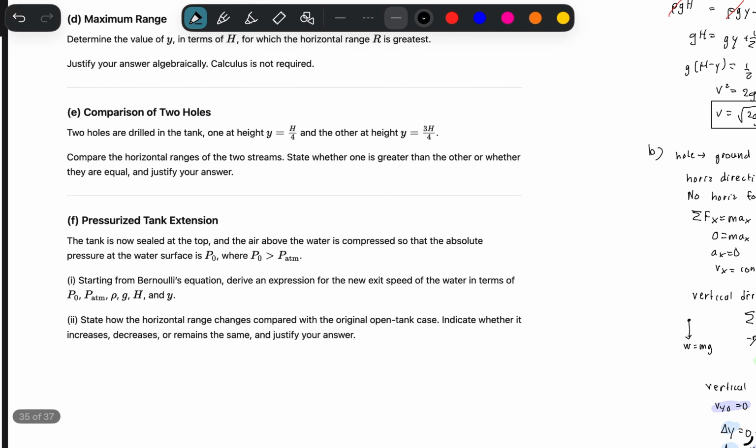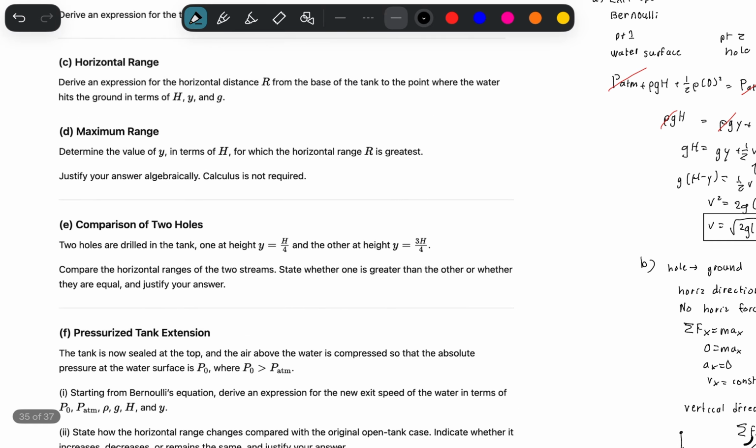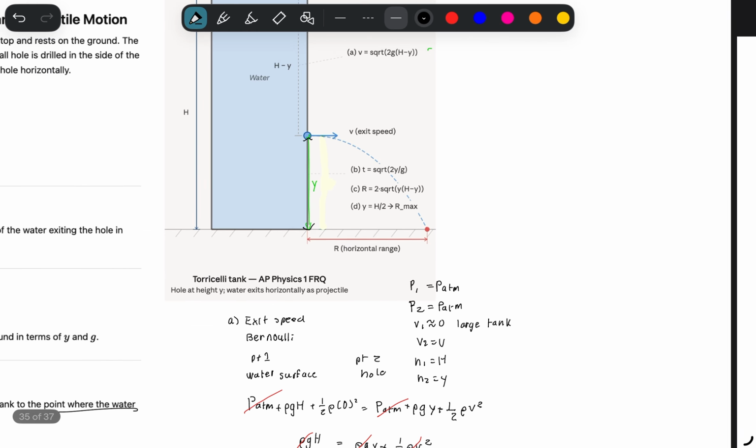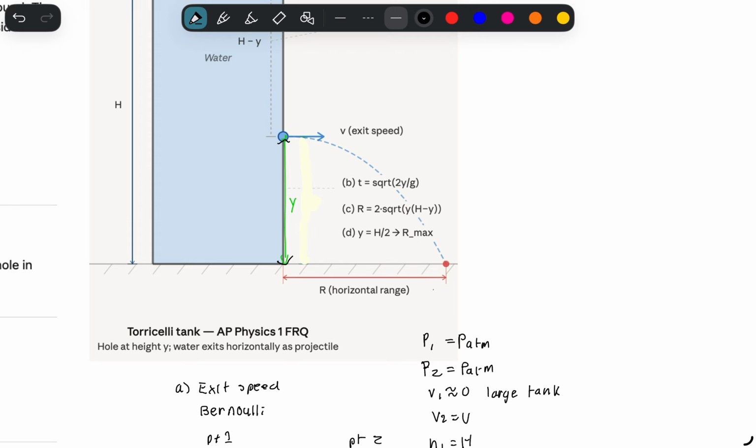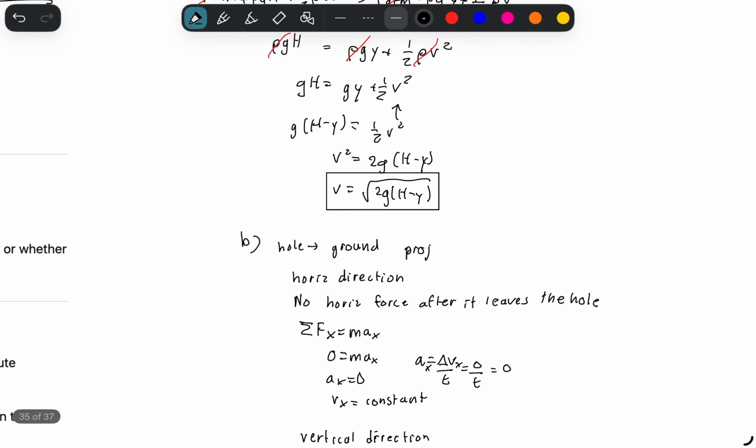Now we're asked for C, what is the horizontal range? Derive the expression for the horizontal distance r from the base to the point that it hits the ground. So again, here your range is going to be this horizontal distance because of projectile motion.